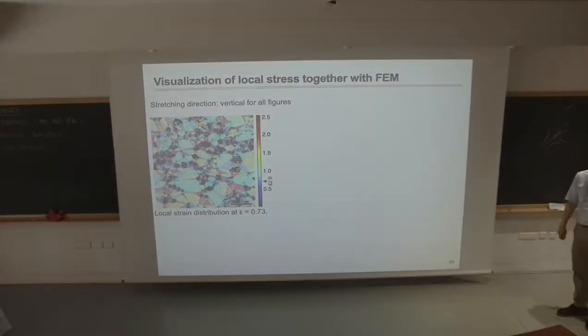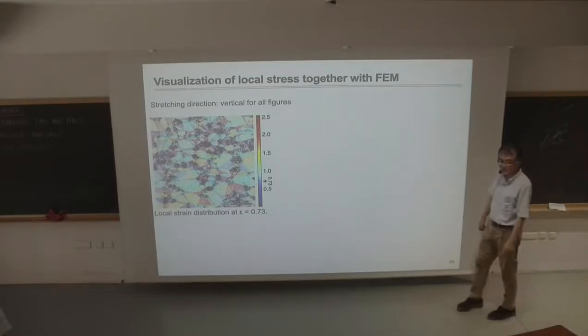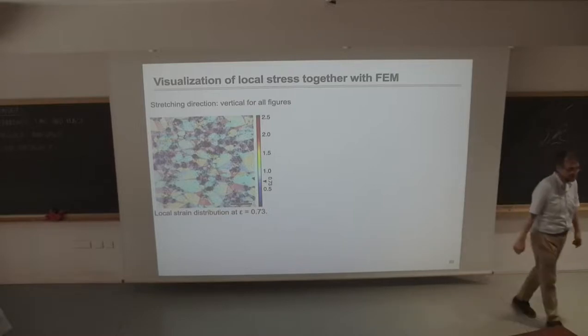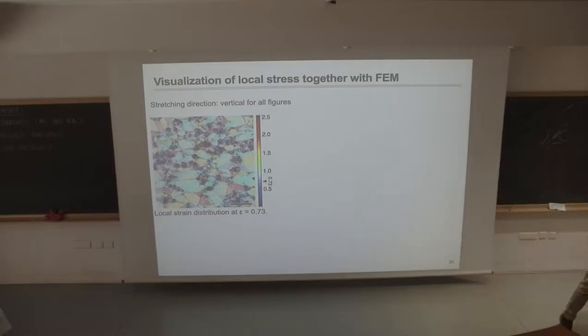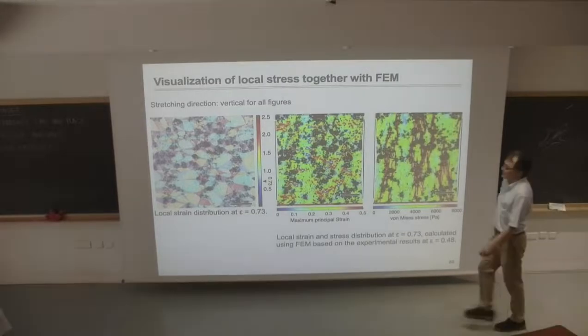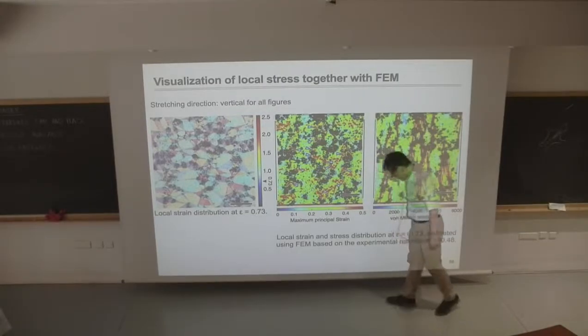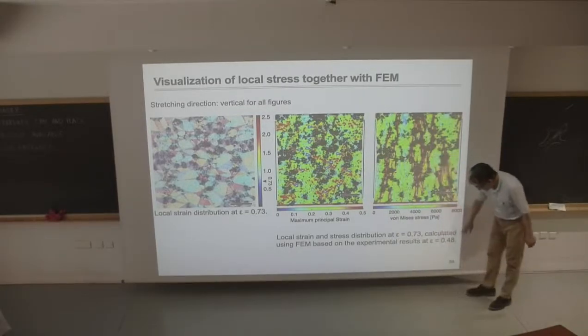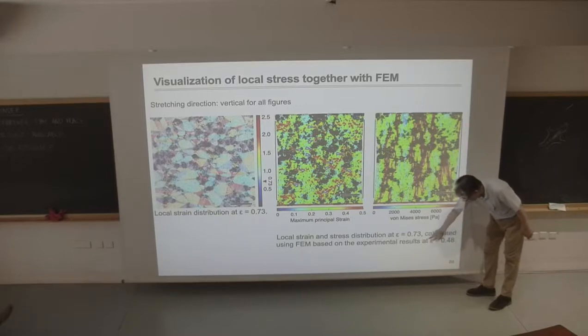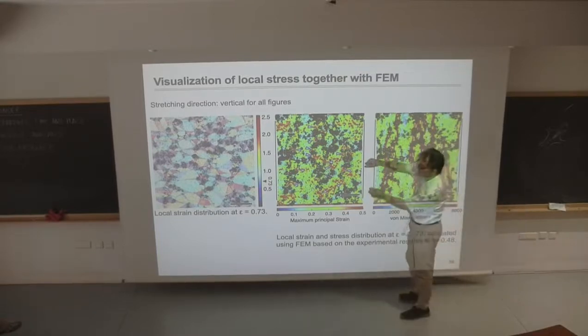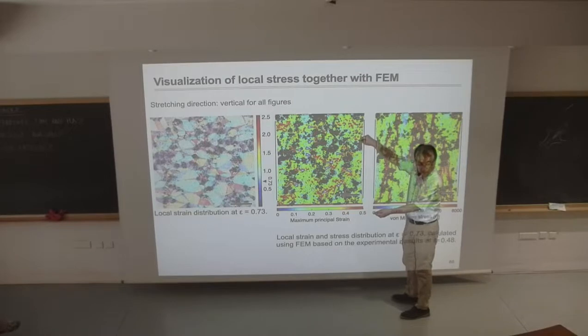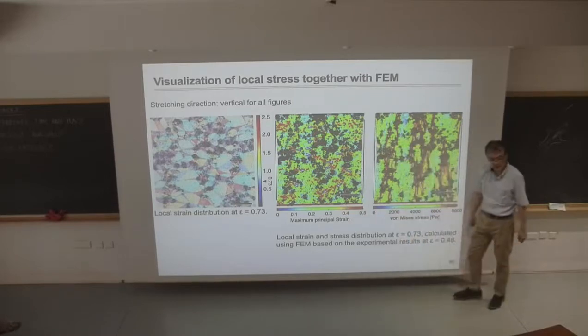Again, we can hand this data to the computer simulation people, and then they can do finite element analysis again. What he has done is that he chose the initial structure at strain 0.48, and then in the computer he stretched the structure up to 0.73.